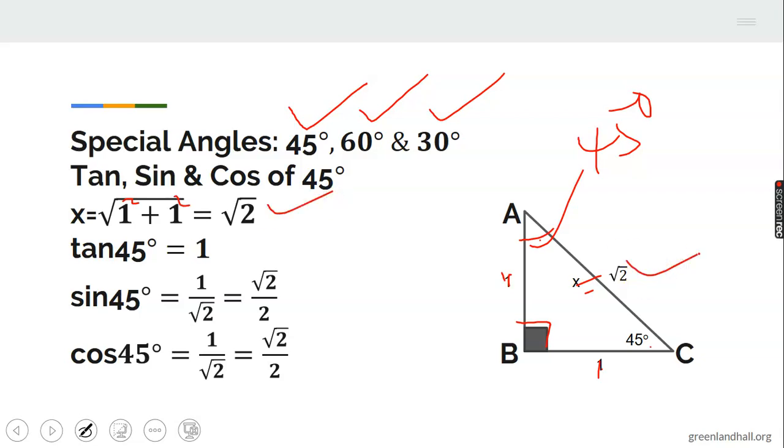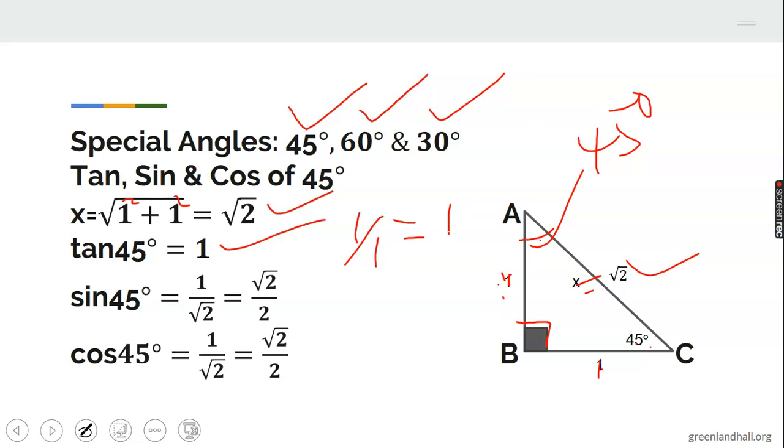So tan 45, from the definition of tan that we have done, is opposite over adjacent. That is 1 over 1, and it will be 1. So tan 45 is 1. If you go to your 4-figure table, you will get that tan 45 is 1.